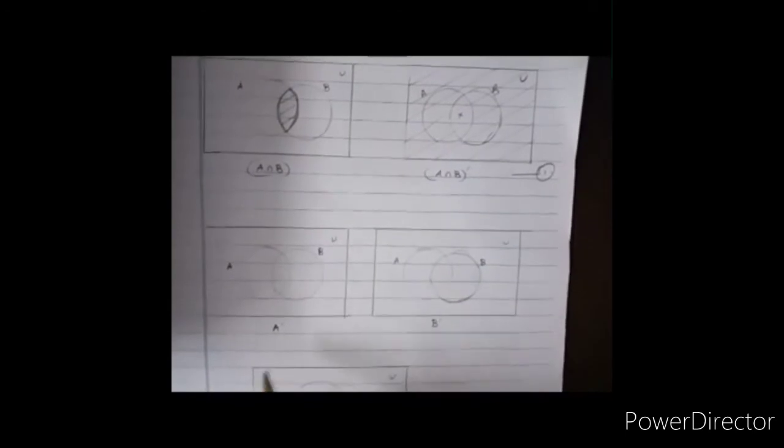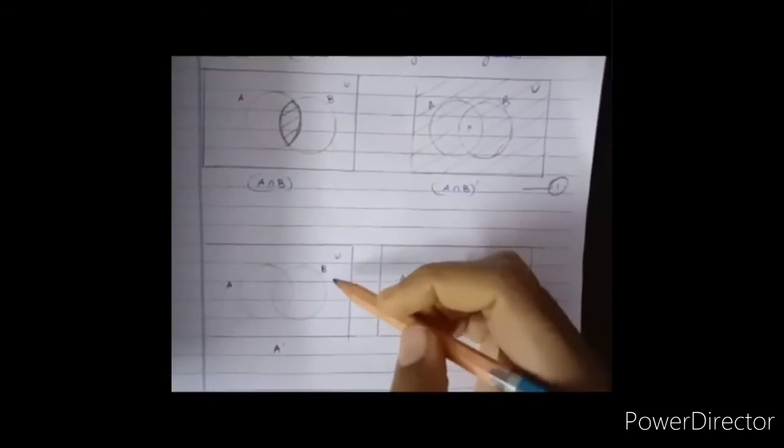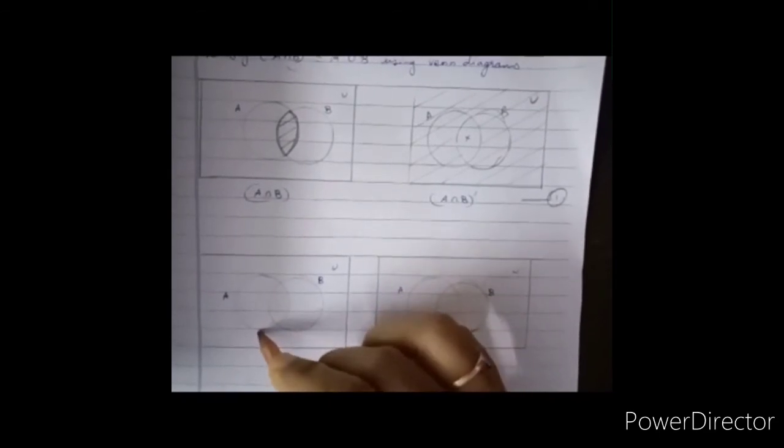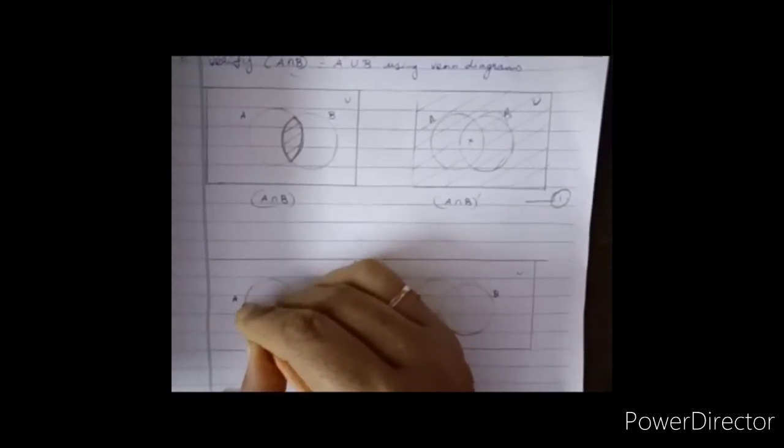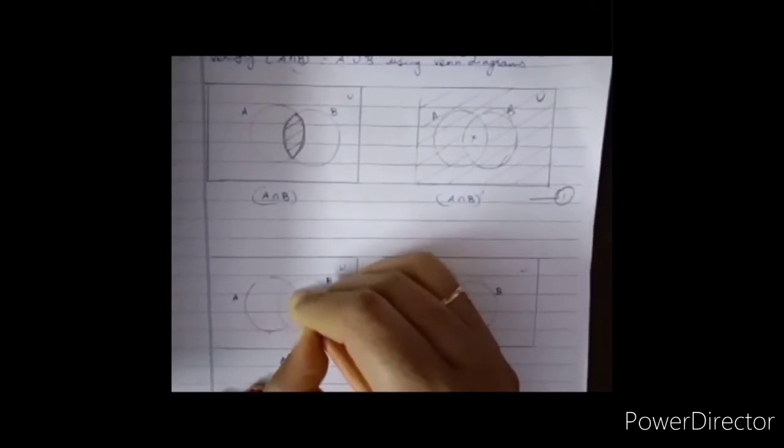Complement of A. First we'll see what is complement of A. All the region of the universal set but not the region of A. So except the region of A, that is the circle of A, you have to shade all the remaining region.